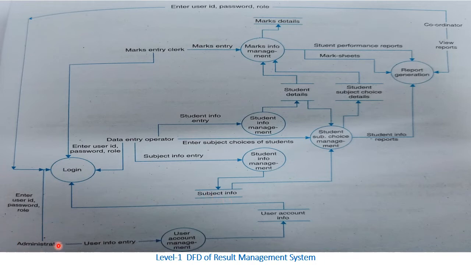So let's start from this user, administrator. Administrator is a user of the system, and we can represent this user inside a rectangular box, which is a better representation that we can use to draw the level 1 DFD or any level DFD. So here we will have this user administrator, and we will have this process, user account management, and through this process the administrator will feed the details of all the users to whom we will need to provide access permission to this software.